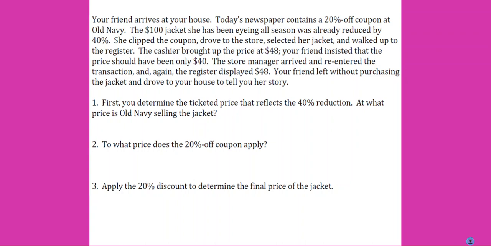So, first you determine the ticketed price that reflects the 40% reduction. At what price was Old Navy selling the jacket? Since it's a reduction, 100 minus 40% would be 60%, which is a decay factor of 0.60. $100 times 0.60 means the jacket's down to $60.